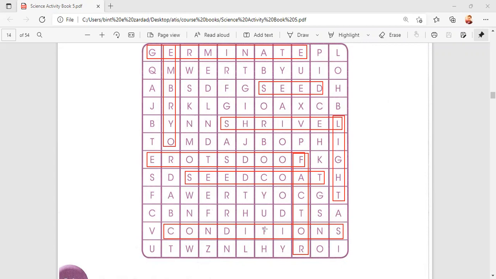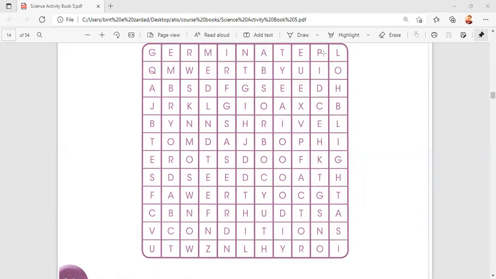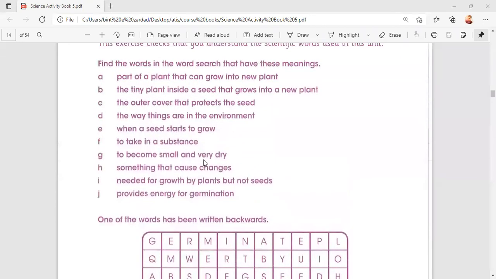Okay, let's check. They're all here: 1, 2, 3, 4, 5, 6, 7, 8, 9. One more. Absorb, yes, here. These are all the words. Their definitions are written here.